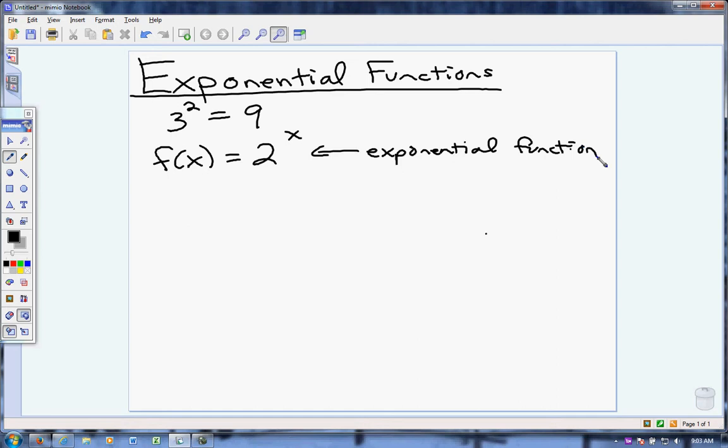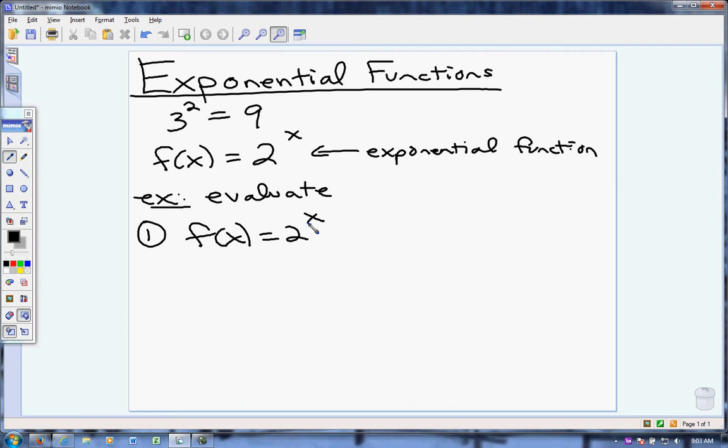Just to start off easy, I'm going to start with an example. They're going to say evaluate the function. They're going to give you a function, I'll just use the same one, 2 to the x power.